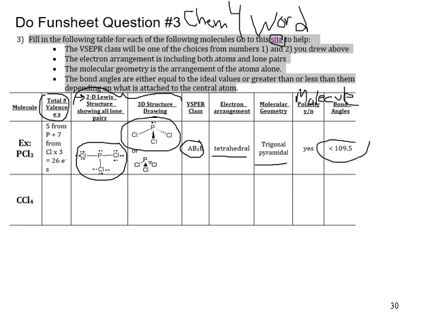And then guess some bond angles. When I say guess, you're going to base them upon the ideal bond angles, and the ideal bond angle for tetrahedral, for example, is 109.5. But remember, when you have a lone pair, it makes them less than 109.5. So that's what you would list here.